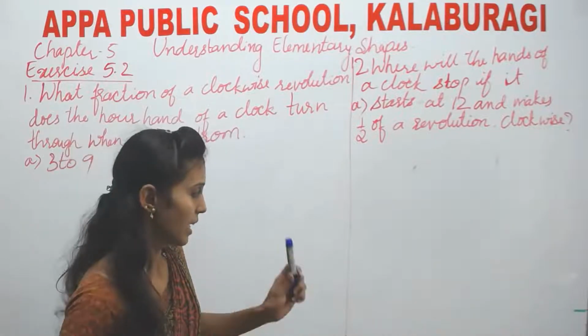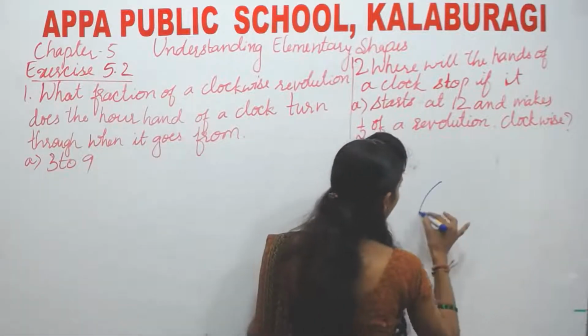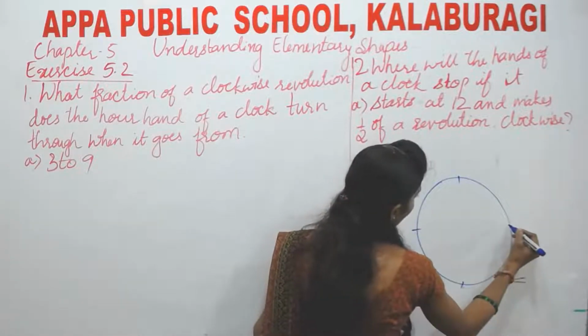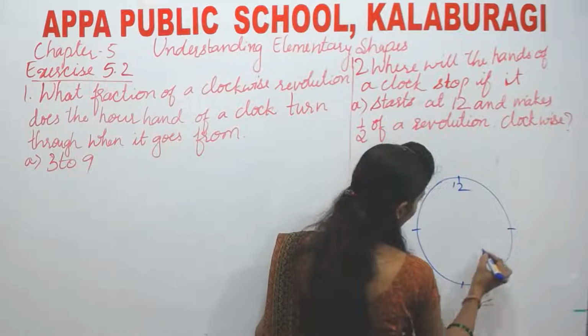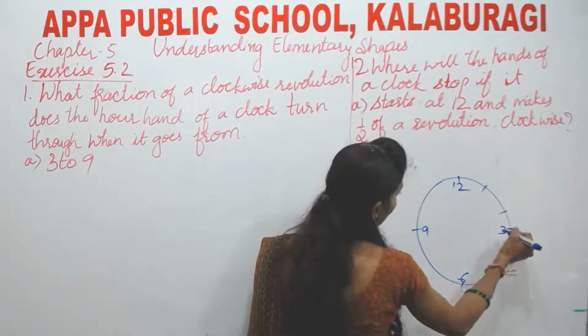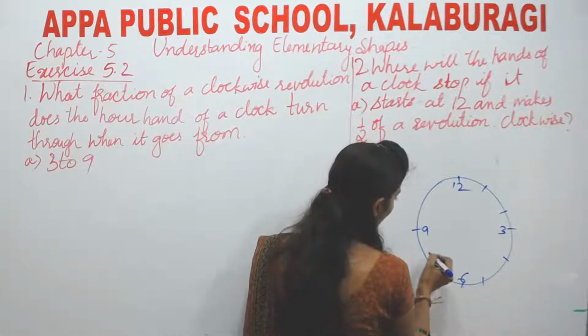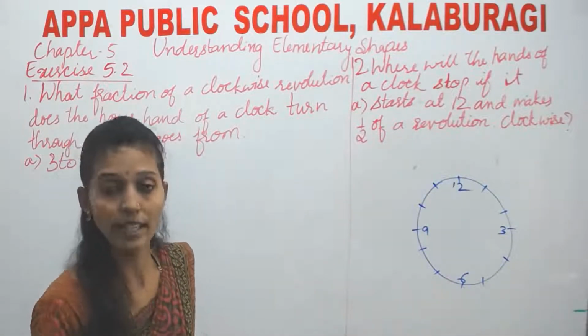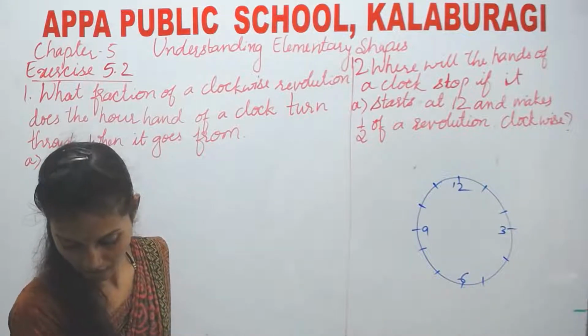Along with that, I'll draw for your reference. So 12, 3, 6, 9. Remaining it is 1, 2, 4, 5, 7, 8, 10, 11. Right? Come on. So now, first one.